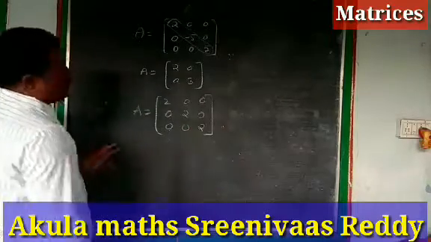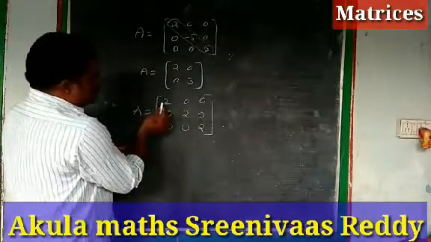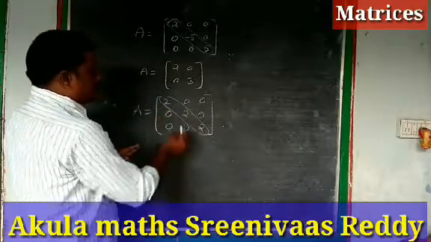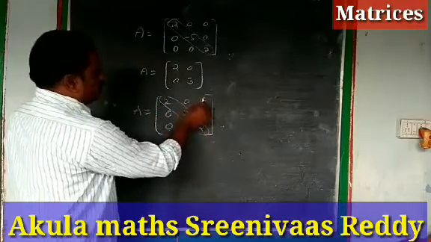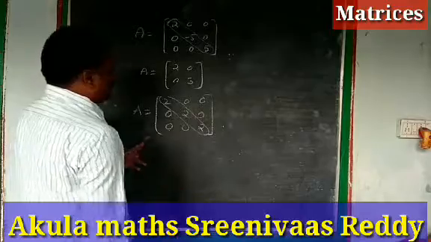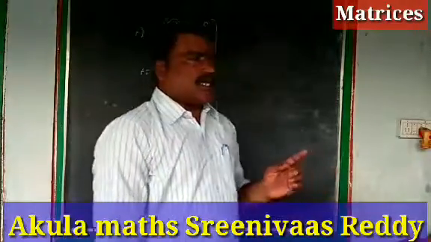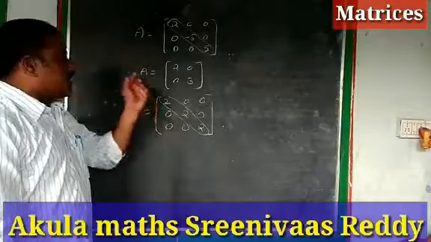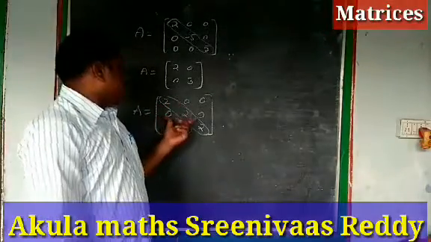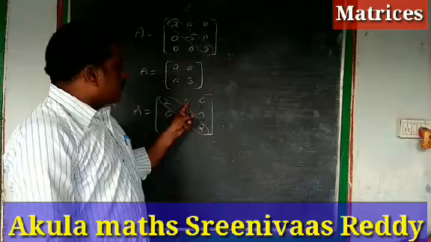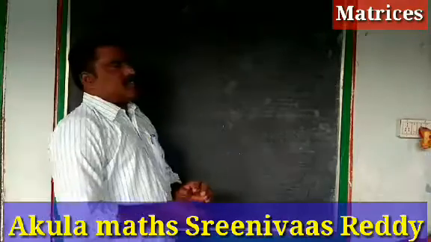Here, clearly we observe the principal diagonal elements are 2, 2, 2 and all the remaining elements are 0. So, this is a scalar matrix. A scalar matrix means a diagonal matrix whose principal diagonal elements are all equal and the remaining elements are 0.